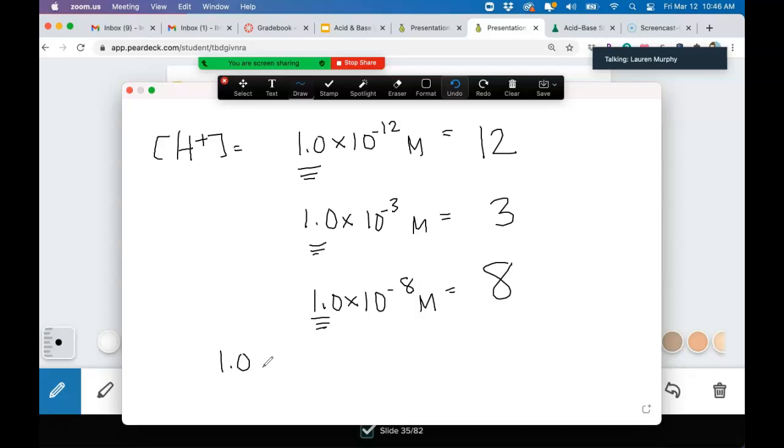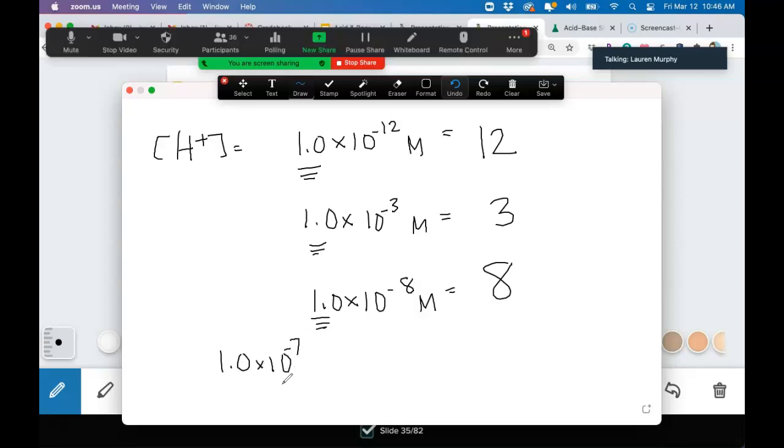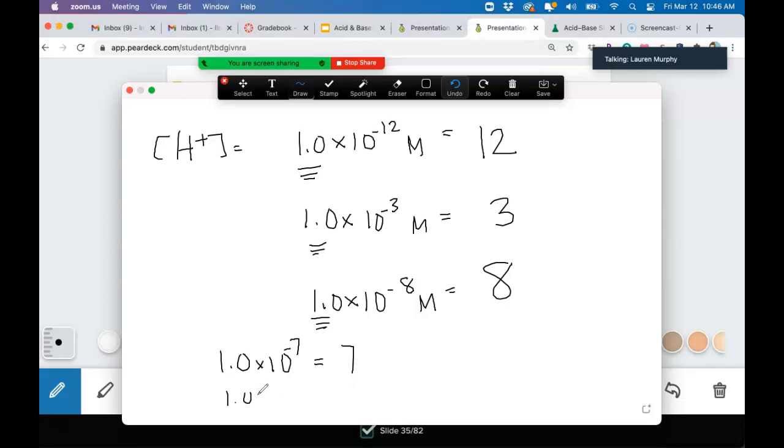They were 1.0 times 10 to the negative what? 7. So what's the pH of water? 7, right? And this was also the hydroxide ion concentration, right? So the pOH is also what? 7. What's 7 plus 7? 14. pH plus pOH is 14. That's where it came from.